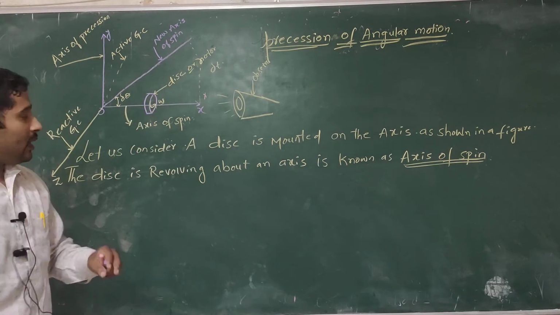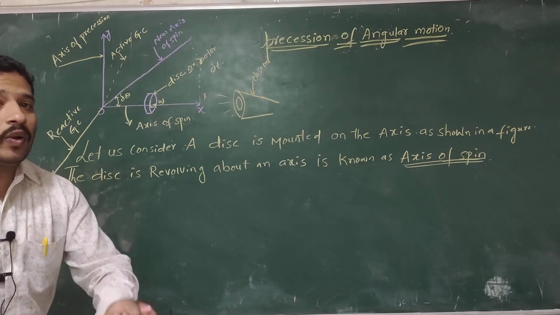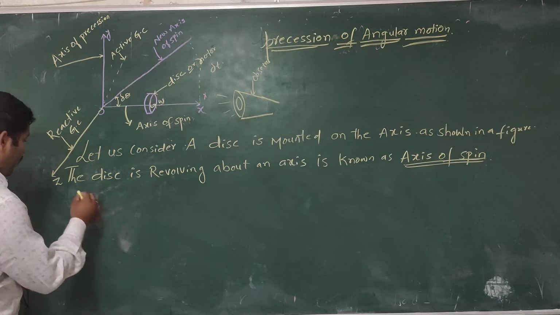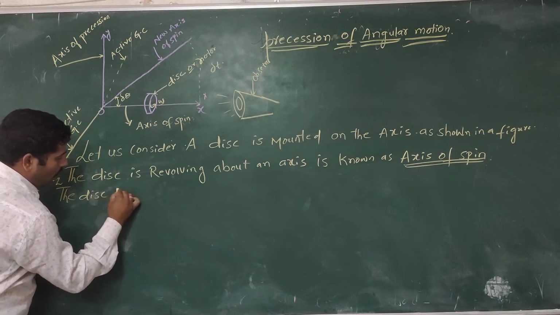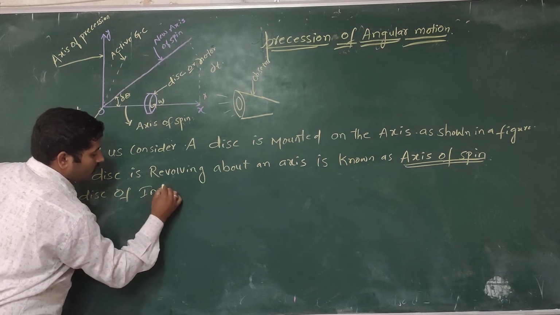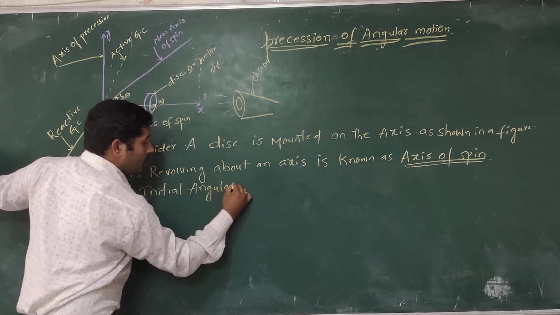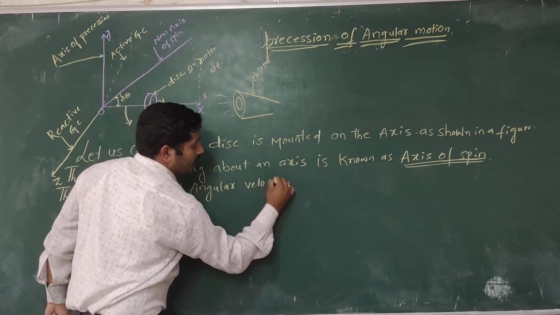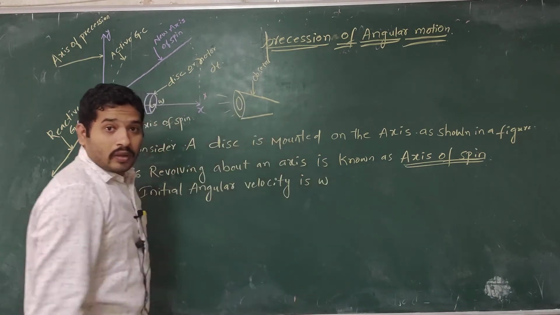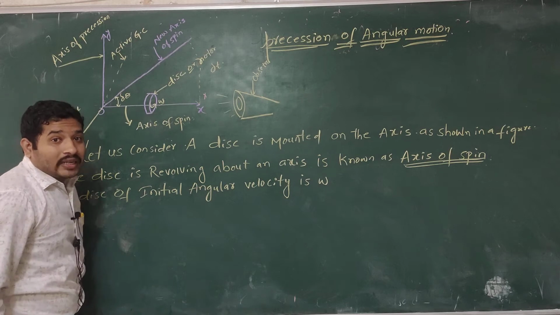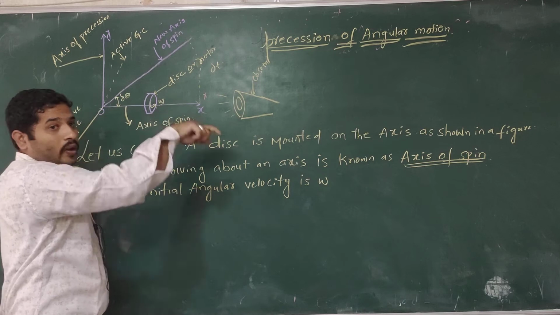Let us consider a disc of initial angular velocity omega. So what we can say here? Initial angular velocity is omega. It is represented by the vector OX.